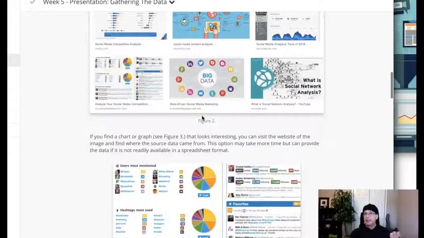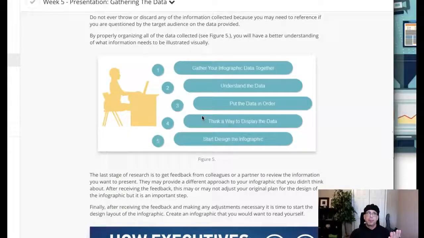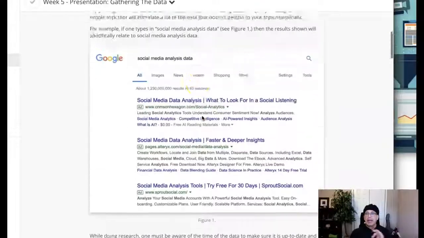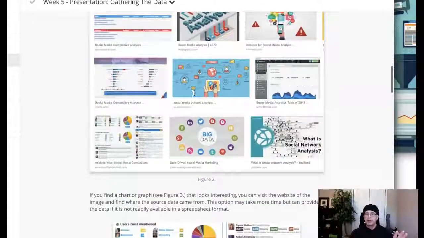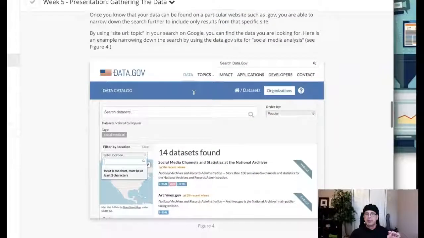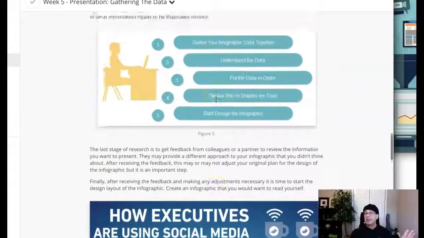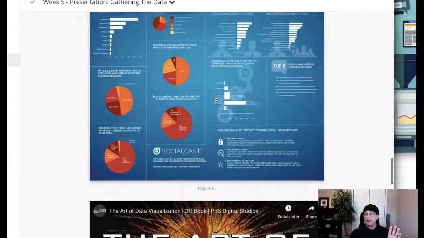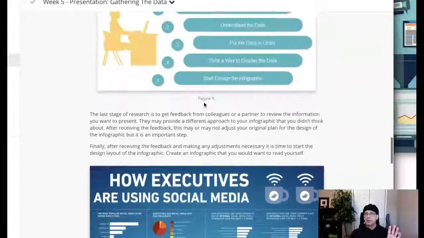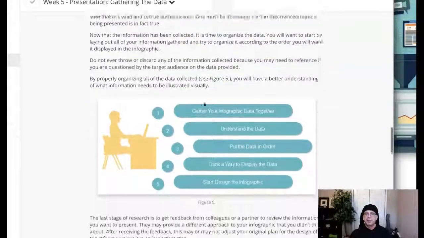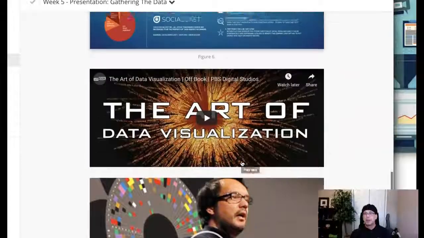I've been doing data visualization techniques and projects now for over 12 years, and I read through this 3 times just so I could pick up things in here in regards of effective data analysis and gathering data and then analyzing that data with the intent of presenting it. So I read through it 3 times, so I would say that it would be a really good idea to, if you don't feel like you gathered ample information after the first time, feel free to go through this announcement 2 or 3 times. And these videos at the end are really super useful, so be sure to go through these.